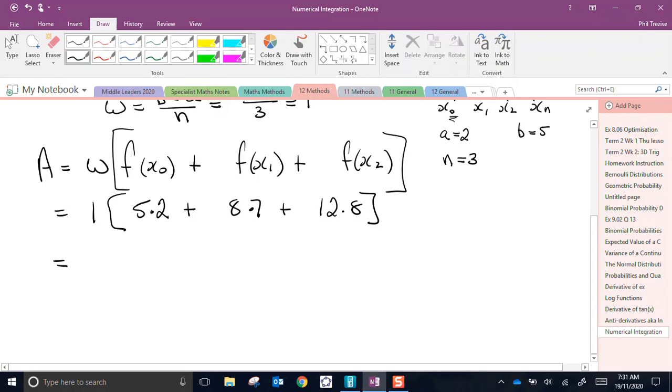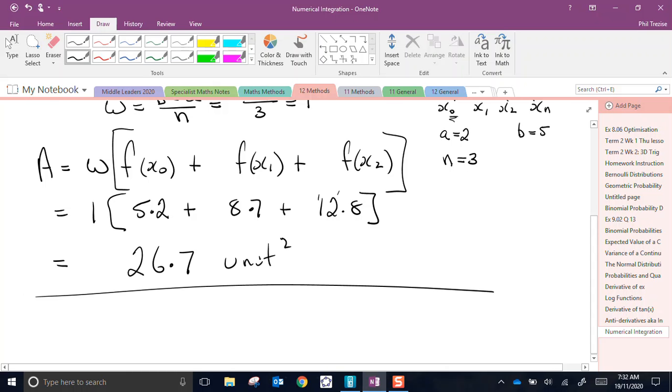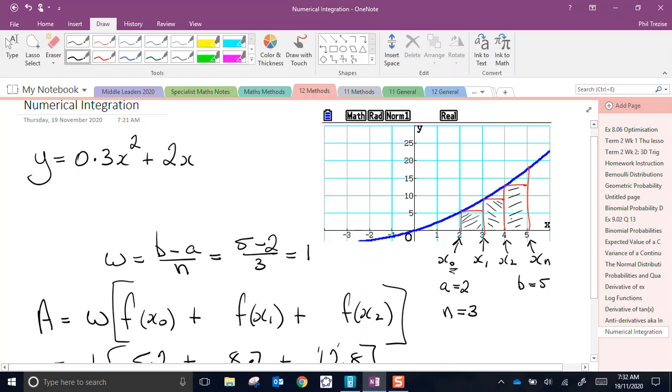And if we add those up, what are we going to get? 8 and 2, that's 10, plus another 2, that's 12, carry the 1. 1 and 2 are 3, plus 8 is 11, and 5 is 16. I think that's 26.7 square units. It's approximate because I've only calculated the shaded rectangles. That's a left-hand rectangle sum.